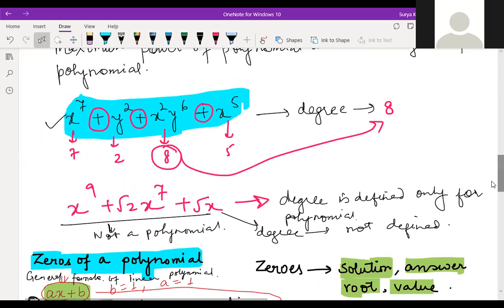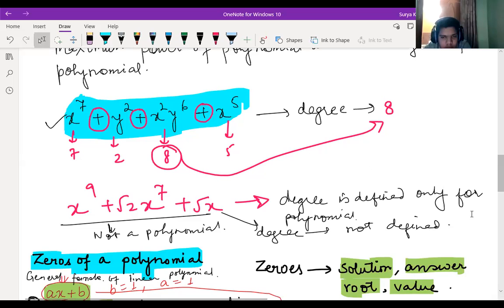This is addition. In multiplication, we are adding the powers. In addition, we can't add the powers. If it is multiplication, like x to the power 7 times x to the power 5, then you can say x to the power 12. In plus, we can't add. Okay, sir.